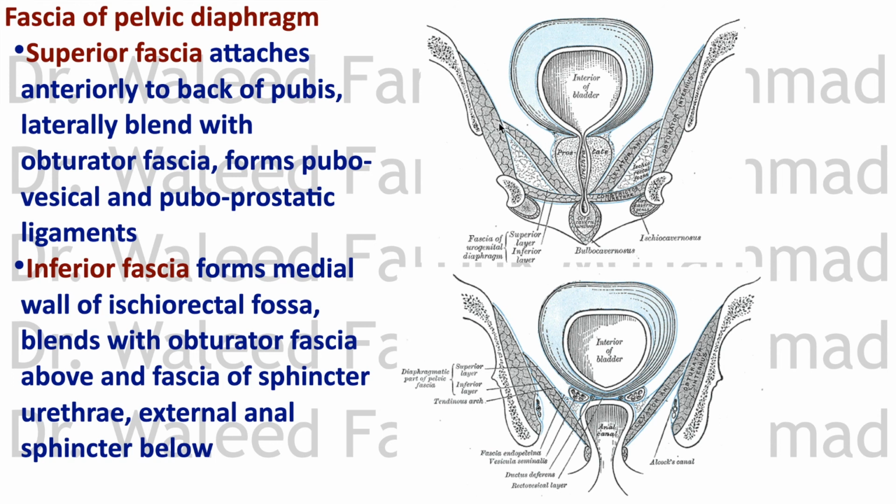See how it attaches laterally to the white line on the obturator internus fascia. See how the obturator internus fascia forms the Alcock's canal in its lower part in the lateral wall of the ischiorectal fossa. Okay, that's what I'm talking about when describing the superior fascia and the inferior fascia of the pelvic diaphragm and the obturator internus fascia.